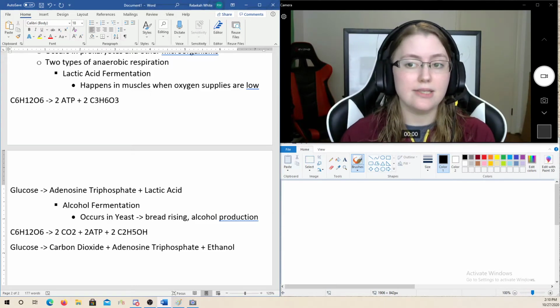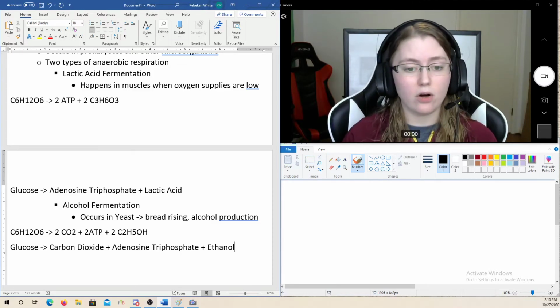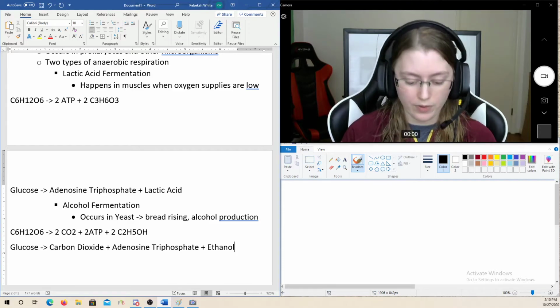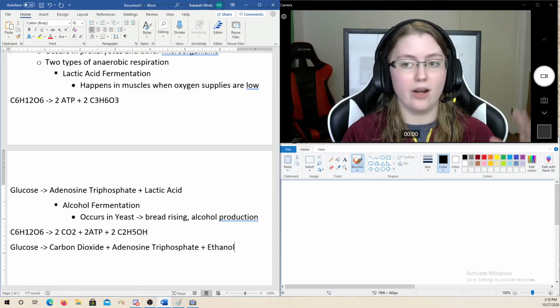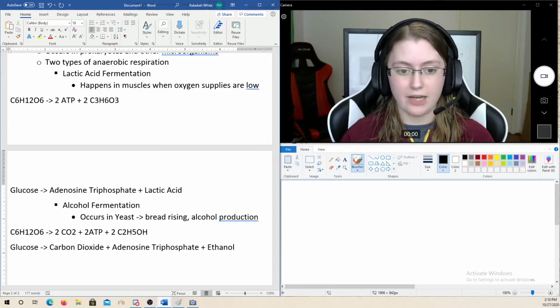So ethanol is a type of alcohol. There are a lot of other types of alcohol. This is the one that is produced in this particular type of fermentation. And it's also sometimes called ethyl alcohol. So you may see it worded ethyl alcohol, you may see it worded ethanol. It's the same thing.